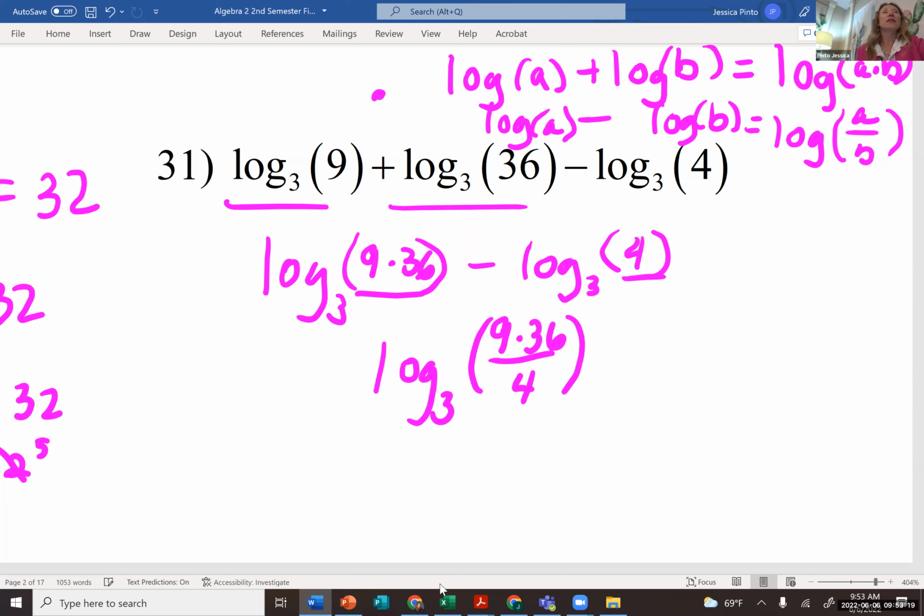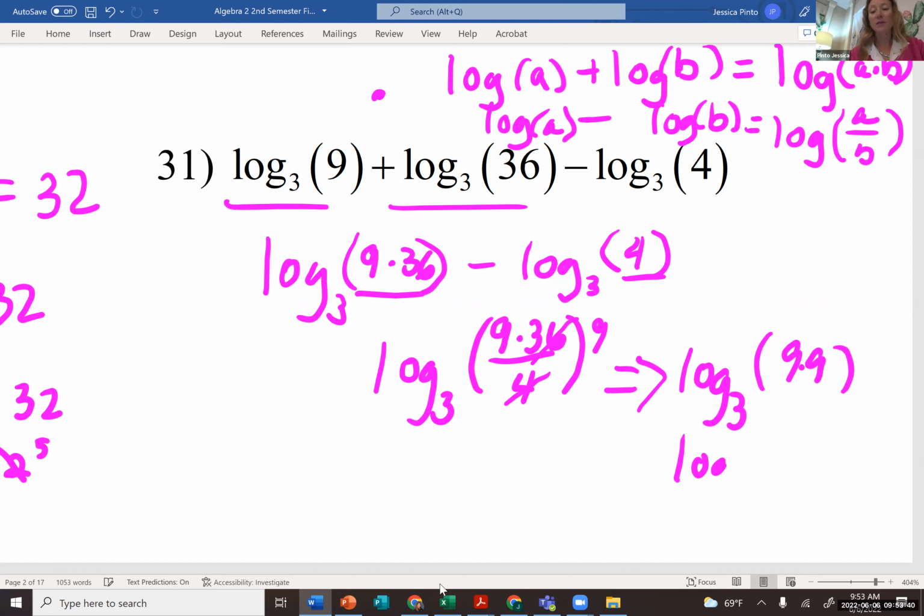I feel good about this because I can now divide the part in the numerator that is divisible by 4. 36 is divisible by 4 and gives me the answer 9. So this is going to simplify to log base 3 of 9 times 9, which is 81. Log base 3 of 81.